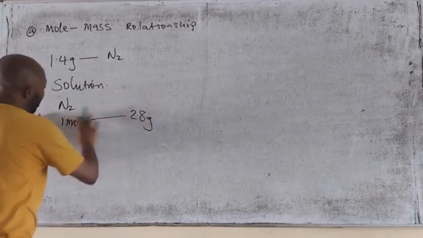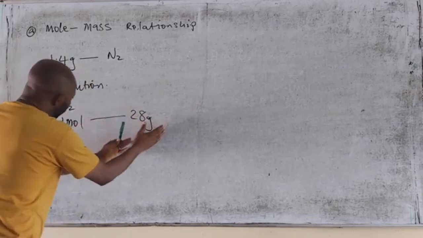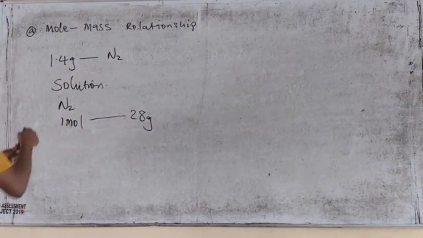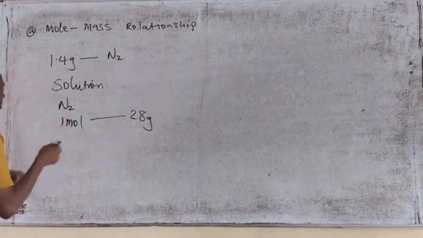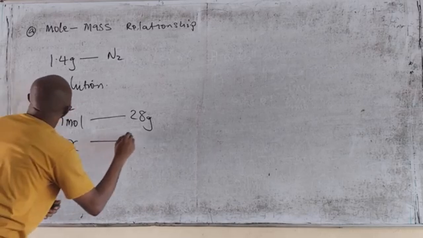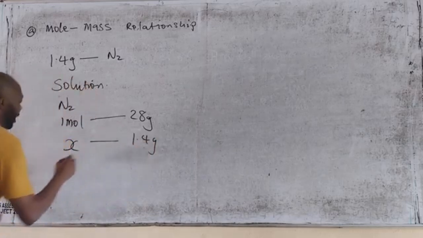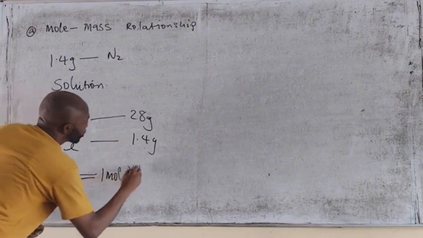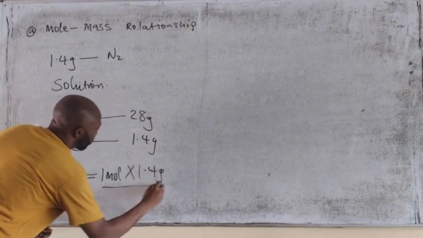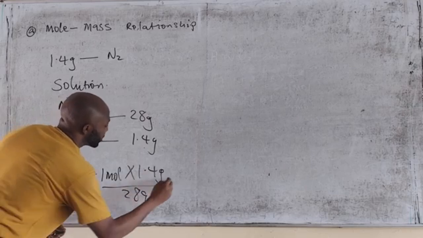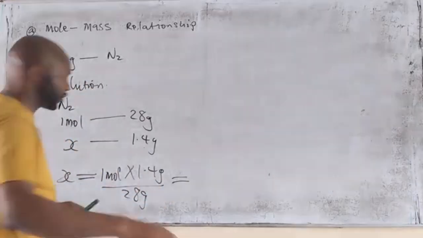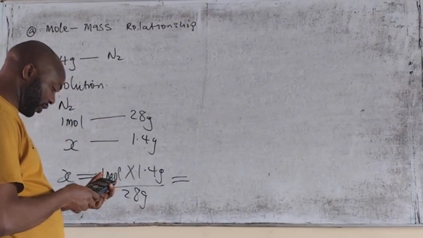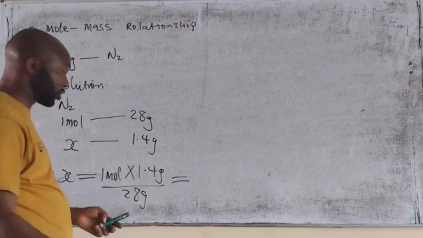So this is a standard. 1 mole of this gives me 28 grams of this. That is unique. So the next thing now is, how many moles will give me 1.4 grams? So X is equal to 1 mole times 1.4 gram over 28 grams. 1.4 divided by 28 is equal to 0.05.